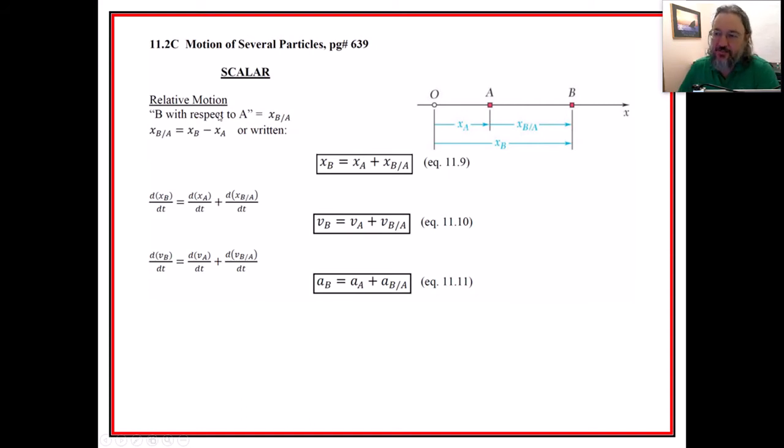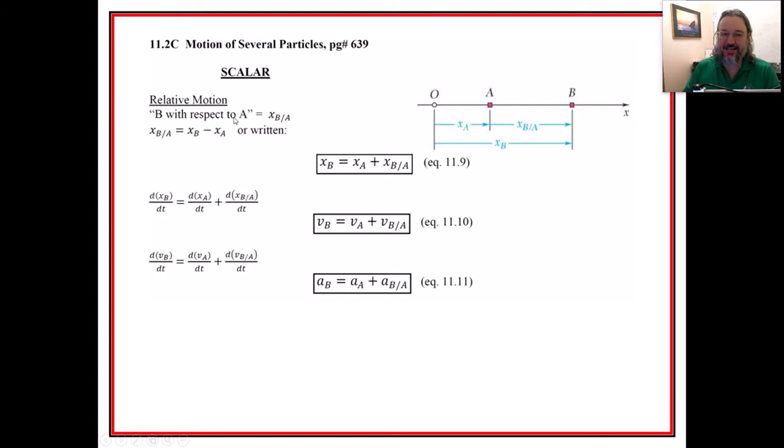So it doesn't need to be a vector. If we want to find the position of B and we know the position of A, and we want to find the difference between them, the distance is x_B/A.